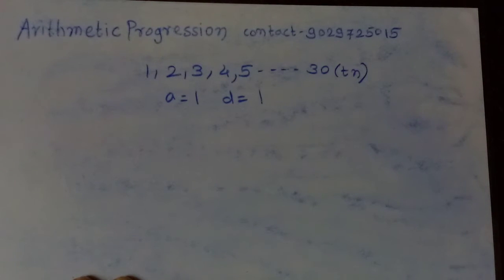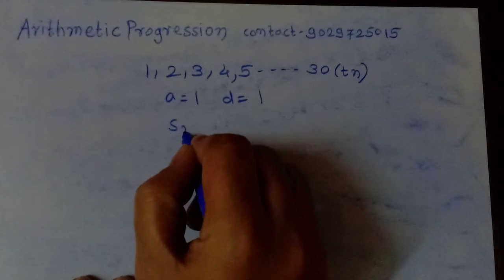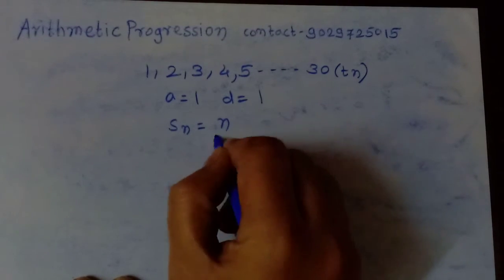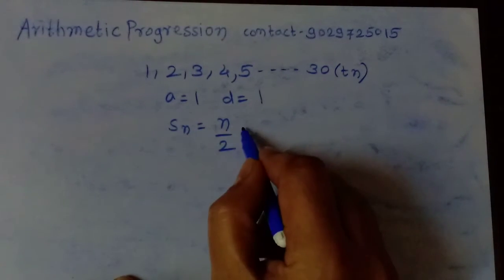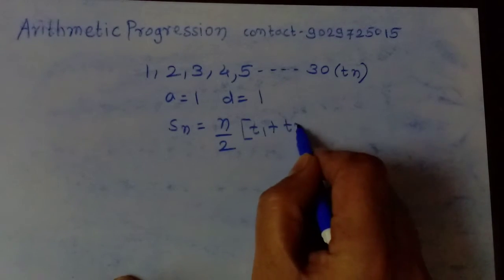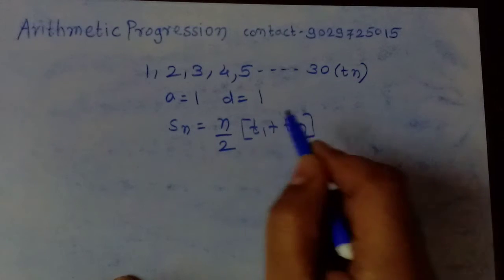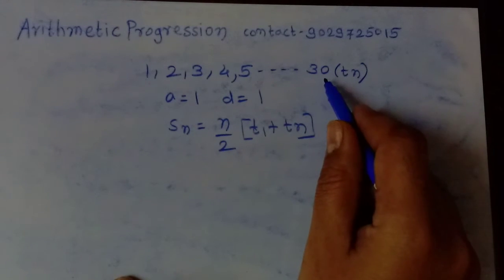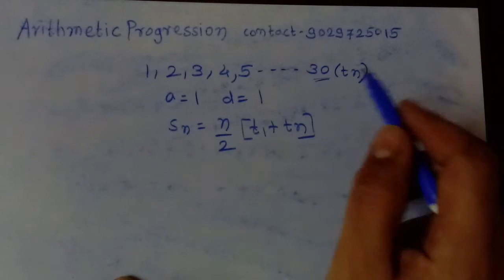Whenever sum is asked, we have to use the formula Sn = n upon 2 times (T1 plus Tn). Why do I take Tn? Because the last term is known, that is 30. Last number is 30.